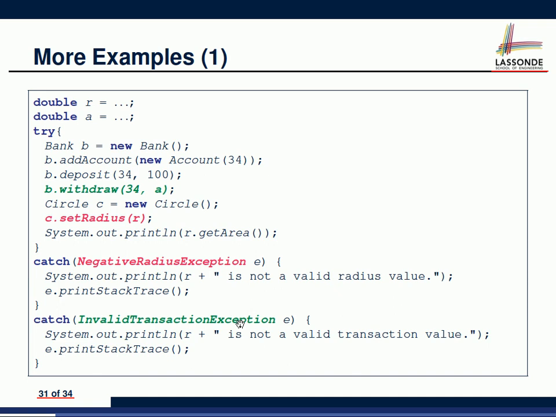So you can switch the order. Once we talk about inheritance later after the reading week, I will try to see if we have time to go back. There is a way to catch all the exceptions of any kind, but we don't have to worry about it for now.